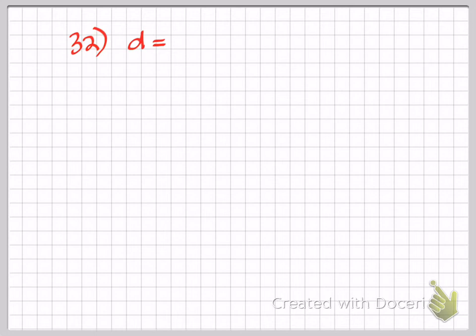Okay, 1 over E plus F. And I want you to solve for F. Remember, we can write that, we can put the semicolon. Okay. All right, what do you think we do first? This is 32, page 144.